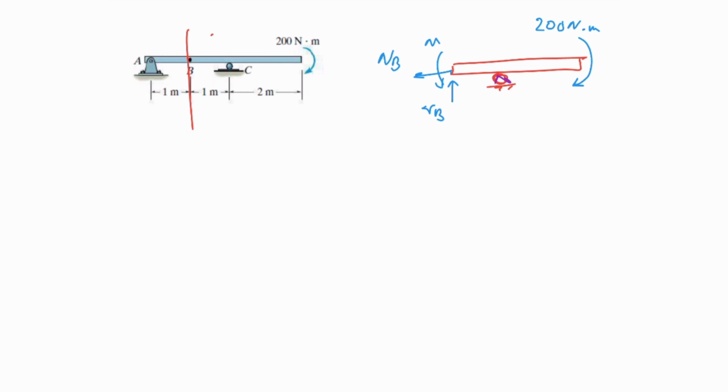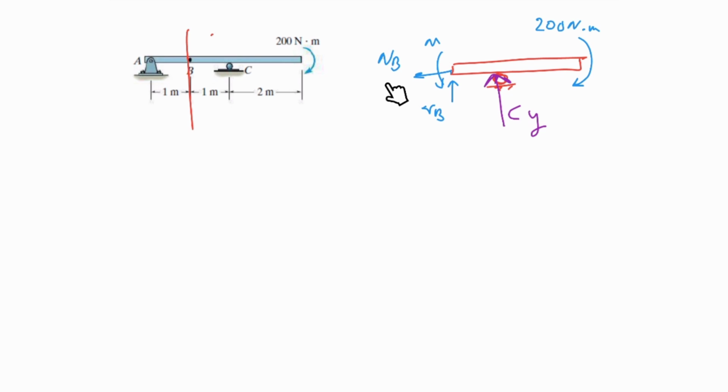Because it's a roller, I just put CY. It cannot apply any force in the X direction. And as you can see, we have four unknowns, one of them moment, and two forces here and another force here, and we cannot solve this.